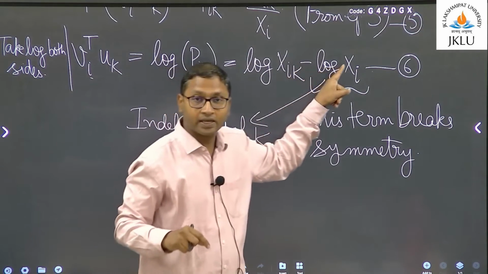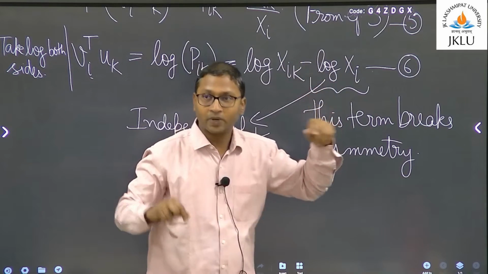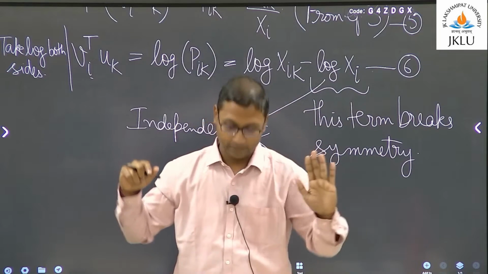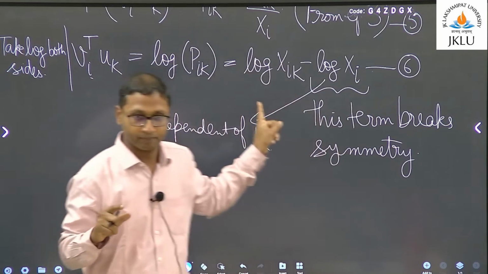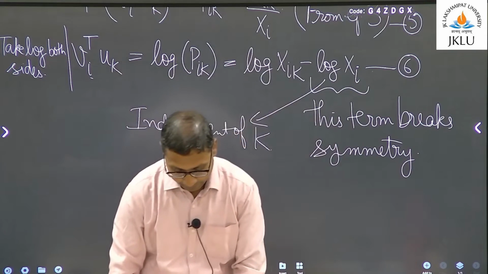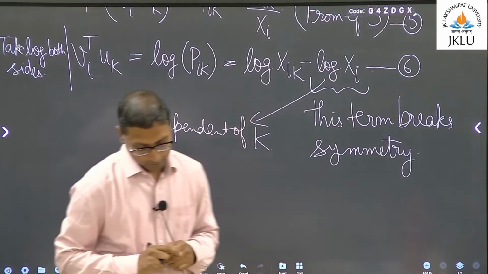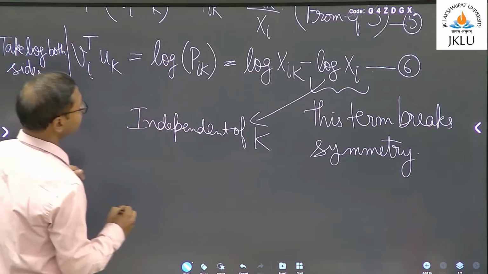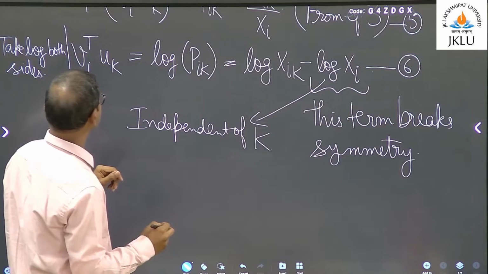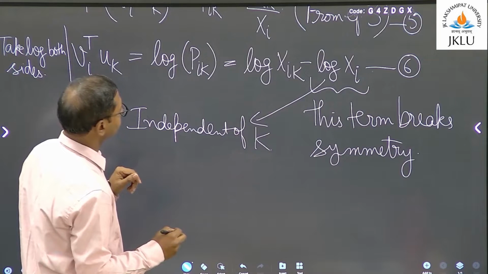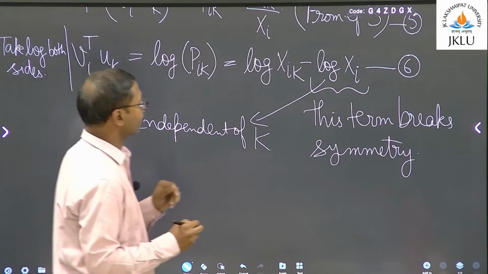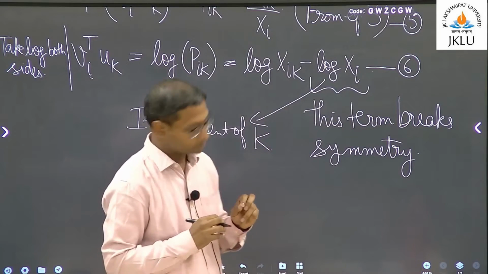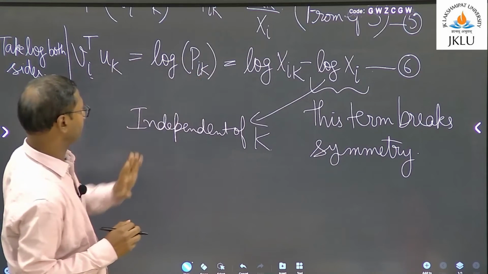So I want here not exactly log x_i, but some term which is dependent only on i, not k. Okay? So what we say is, okay, these are equal now, this is fine.